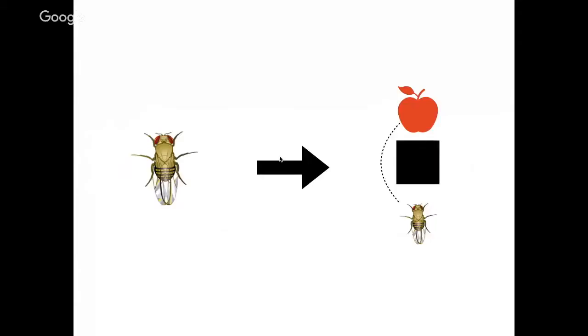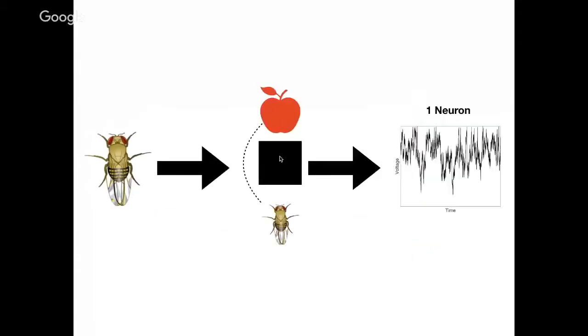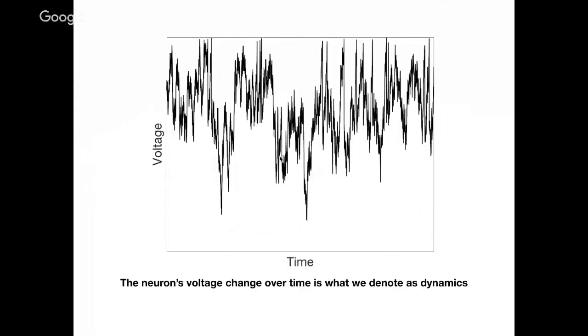During that time you would see neural activity in the fly, and this could be an example of the neural activity in one single neuron for that one fly. As you see, the voltage is changing over time. It's not always stagnant; it always has some variation associated with it. This is what we define as dynamics. In the scope of this presentation, the neuron's voltage change over time is what we denote as dynamics.